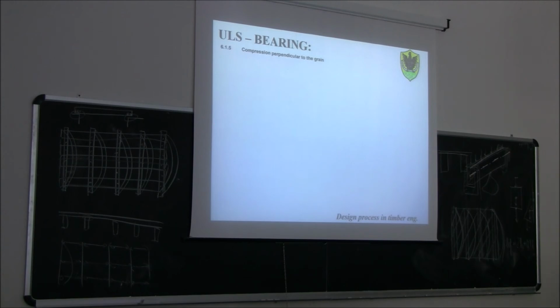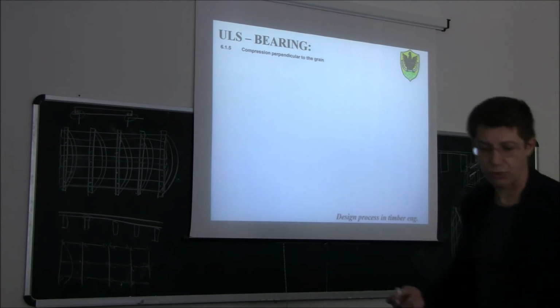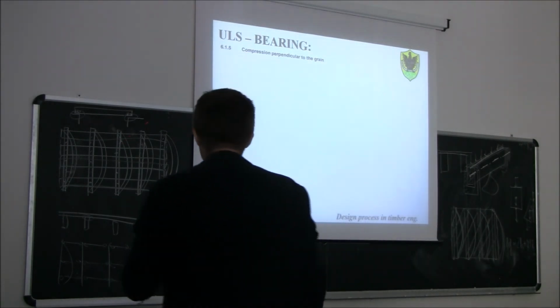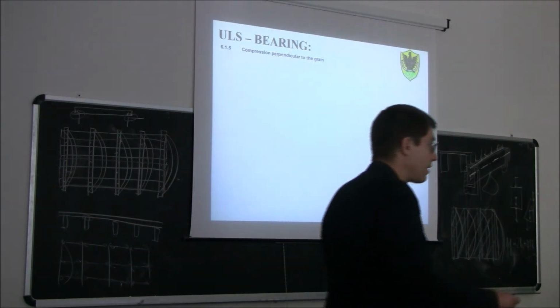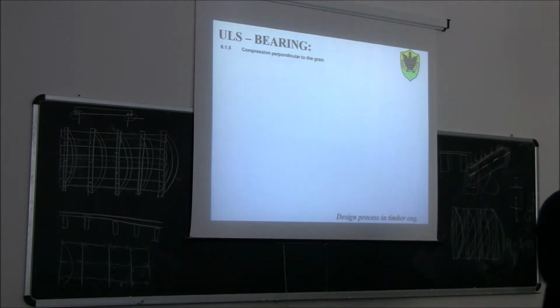So since the basic hypothesis of the M&M is to have a material which is homogeneous and isotropic, there was no need to make any checks there, because those stresses are less than the primary one, and the material is isotropic, so it has the same strength parallel to the axis and perpendicular to the axis. So the check here would automatically be satisfied.